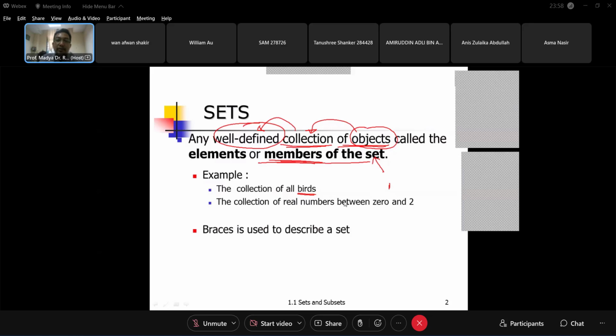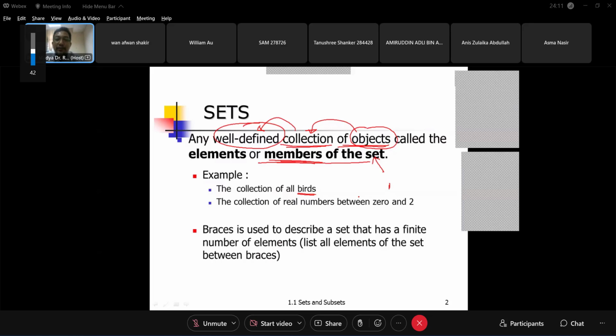Okay, in order to represent a set, we utilize symbols. In discrete, any sentence or any justification, we represent through symbols. For example, once we talk about a set, we represent it through this symbol: open bracket and close bracket. This represents a set.